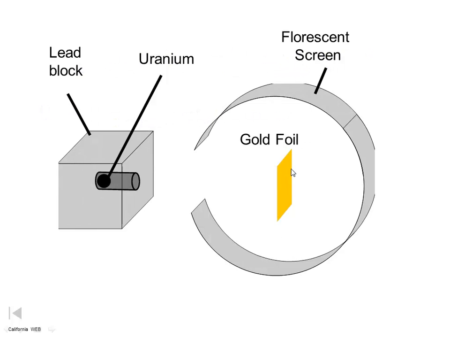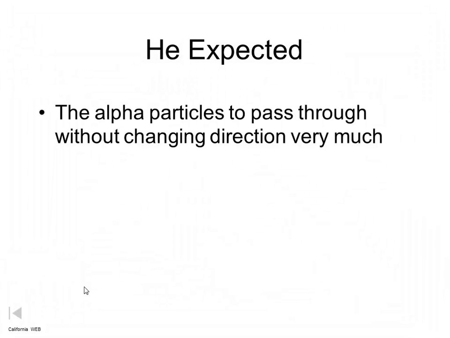where he had a very thin piece of gold foil, a few atoms thick. He had an alpha emitter, which was uranium, and a fluorescent screen which would detect where the alpha particle landed. So he expected that the alpha particles would just go straight through because the atom wasn't very dense.